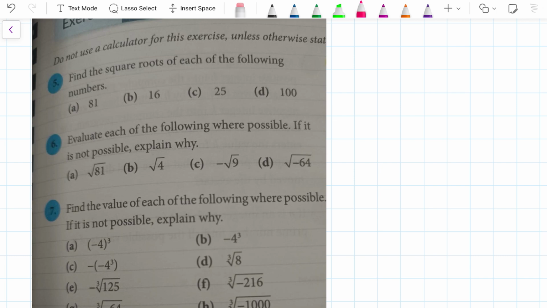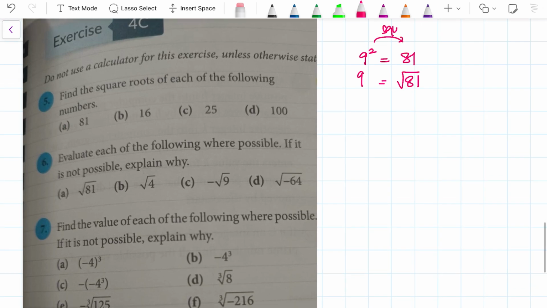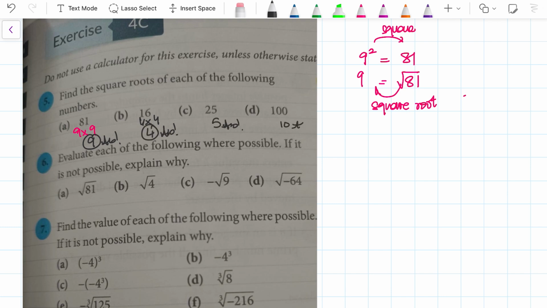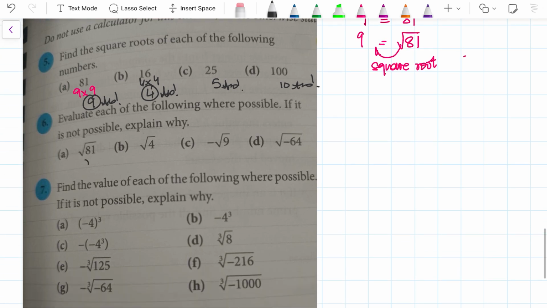Square roots. So you know 9 square is 81. So the square root of 81 will be a 9. When you square, the reverse working is called square root. 9 times 9 is 81, so the square root of 81 is 9. 4 times 4 is 16, so the square root is 4. 5, 10. 9, 2, minus 3.